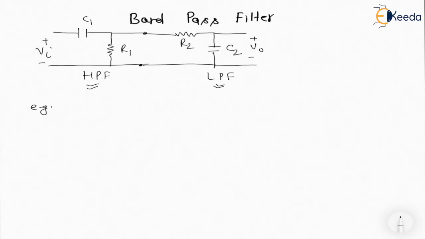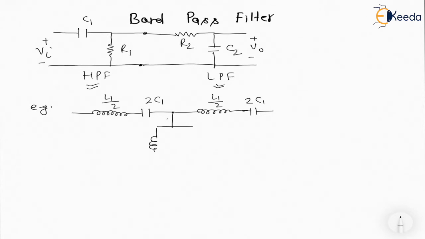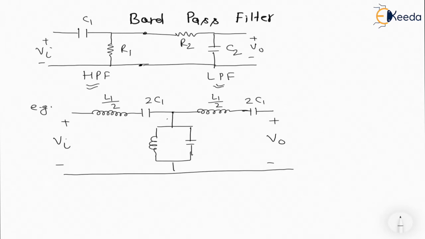Example is L1 by 2 in series with 2C1, and here the parallel combination of L and C. Plus minus Vi and plus minus V naught.